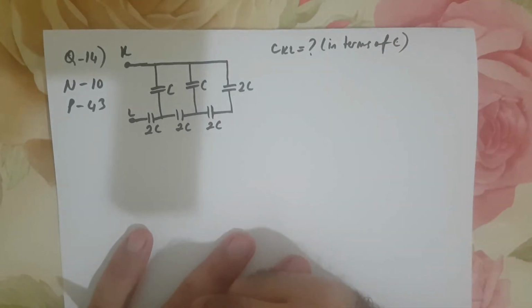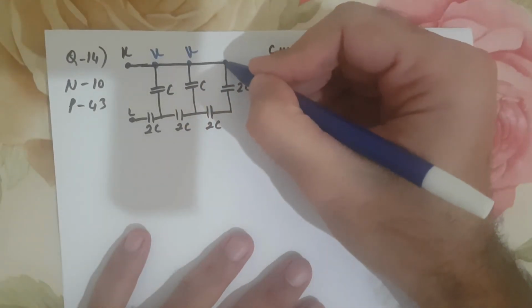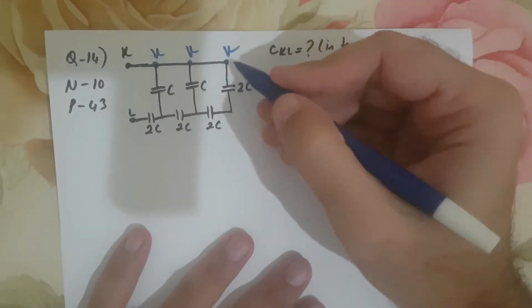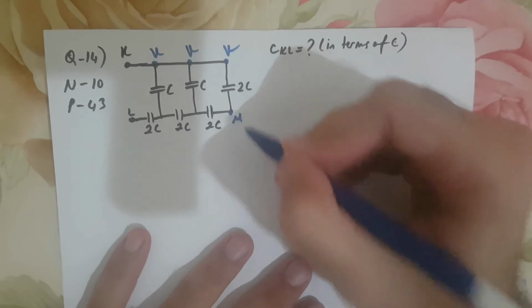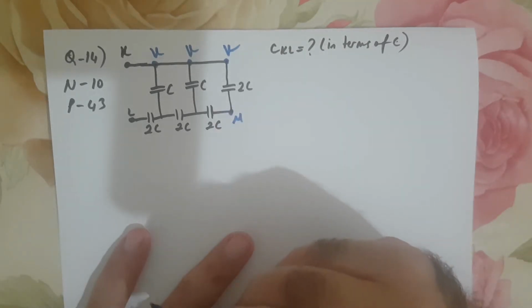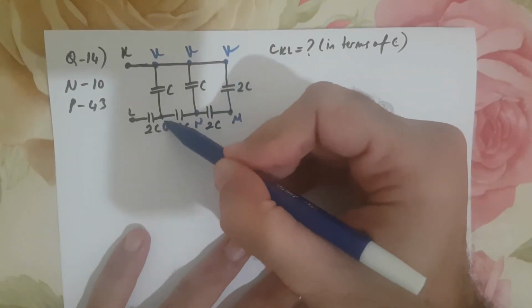Okay, here also we have to draw this circuit as more understandable. So let's write here the K, because there is nothing through this way, and then there is 2C. We have to change our letter here, M, so N, so O, let's say.